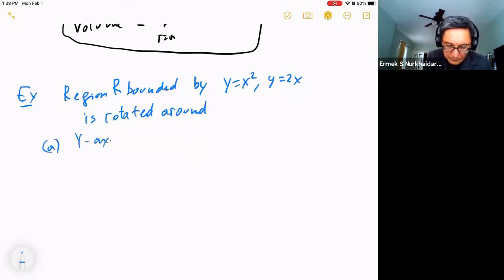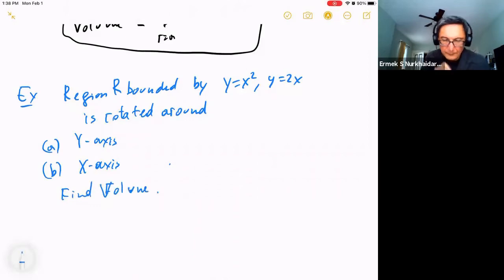Find the volume of the solid of rotation.